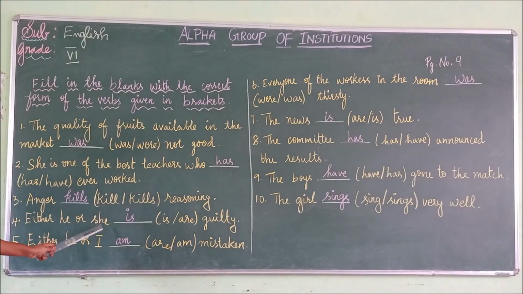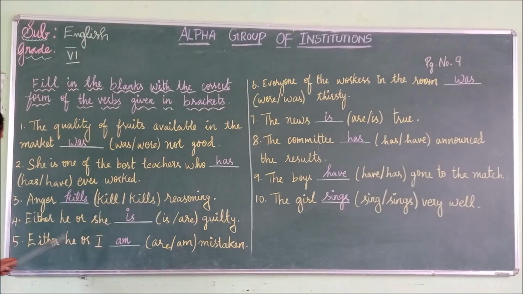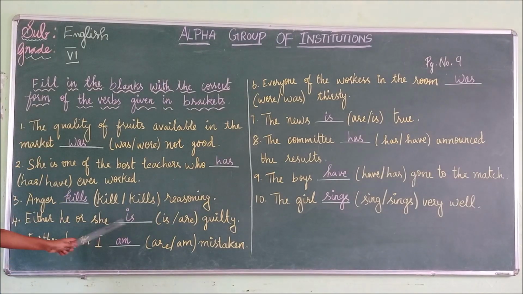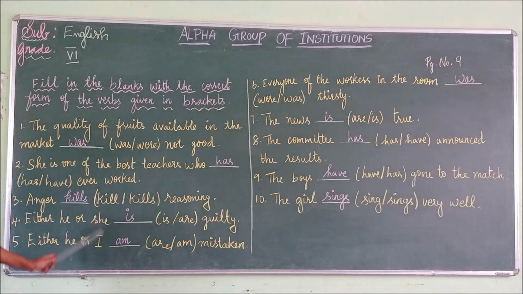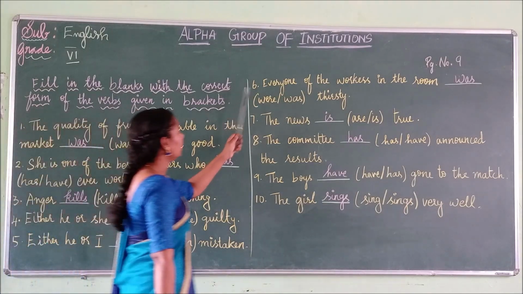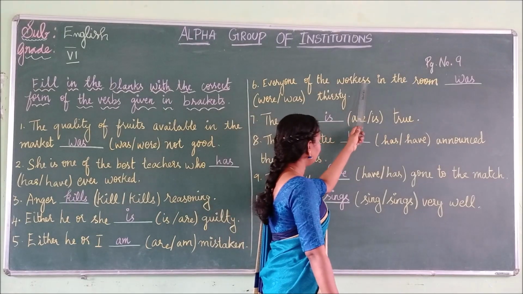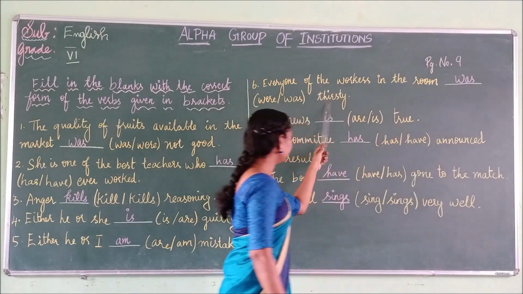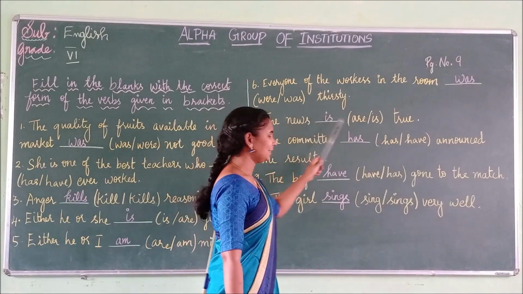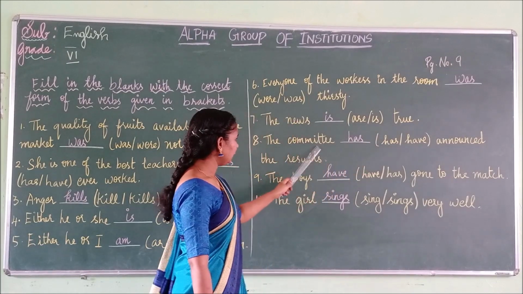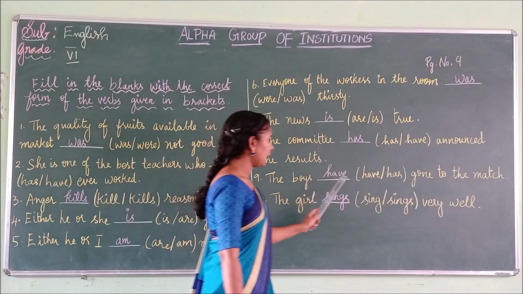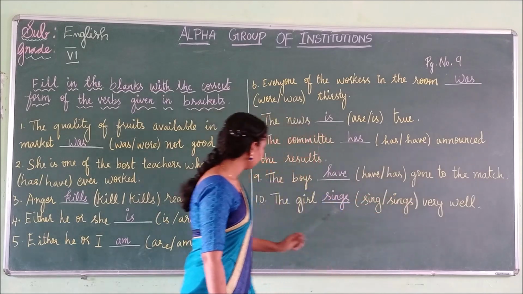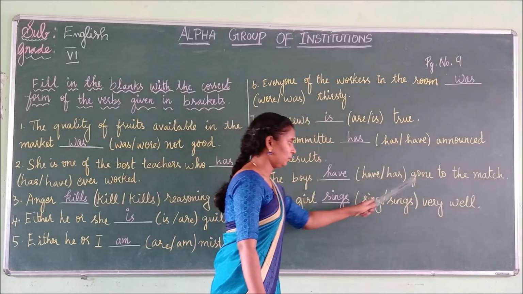Either he or she is guilty. Either he or I am mistaken. Every one of the workers in the room was thirsty. The news is true. The committee has announced the results. The boys have gone to the match. The girl sings very well.